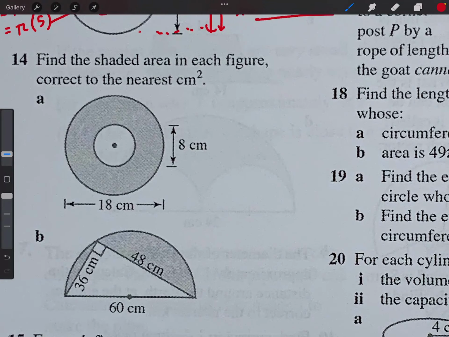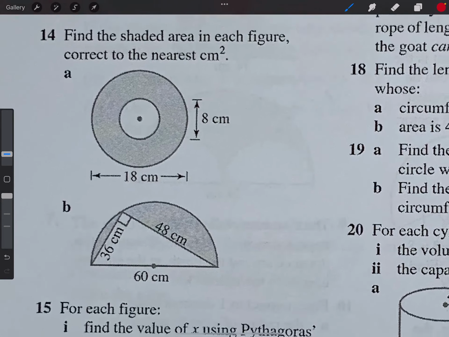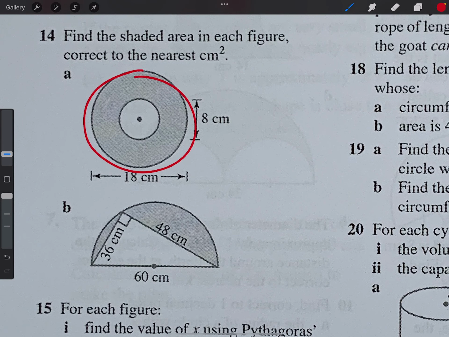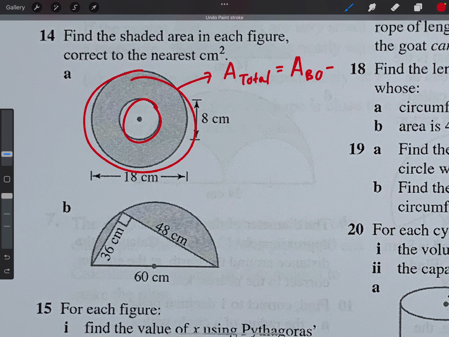Question 14, find the shaded area in each figure. You're going to find the area of the big circle minus the small circle. So area total equals the area of the big circle minus the area of the small circle. You can do that yourself. You're given everything there.